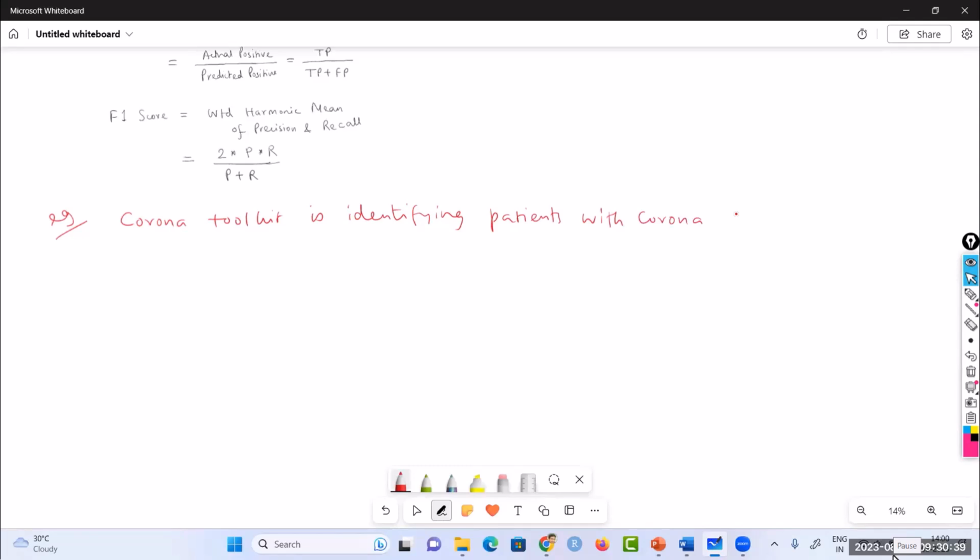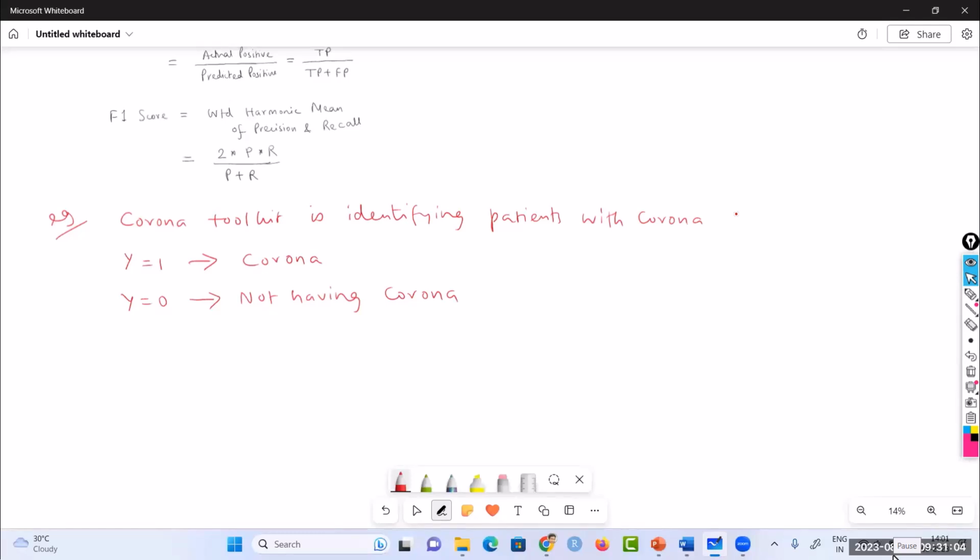So here, let's say y equals 1 means that the person is having corona. Y equals 0 means that the person is not having corona.